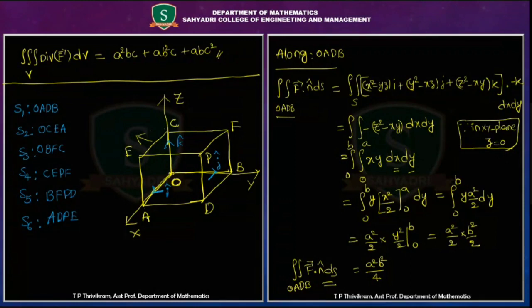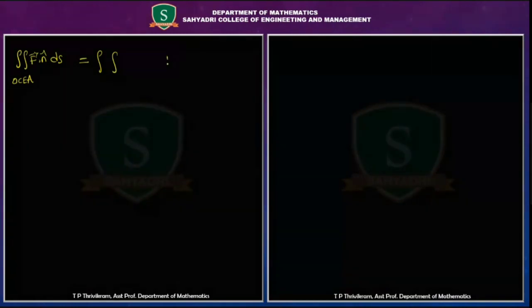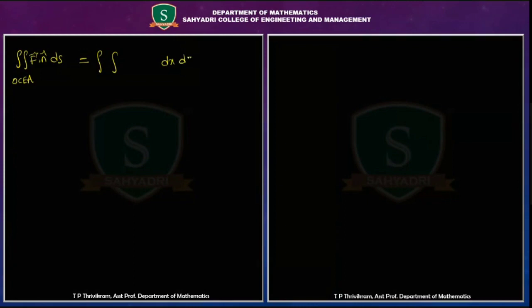This part is which quadrant? Which axis is there? This side, XZ. So you have to write XZ. That means dx dz you will write. When it is dx dz, inner integral limits are 0 to a, 0 to c.